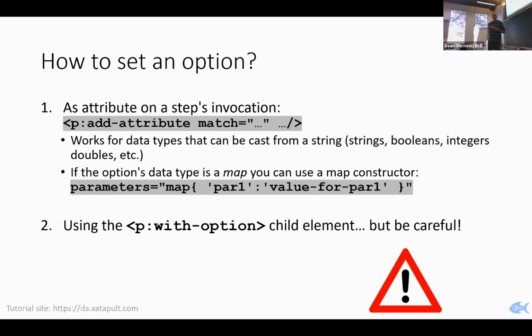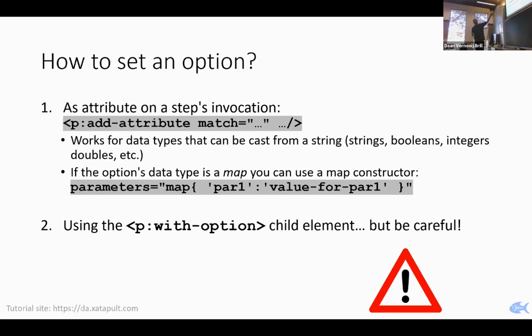A nice thing about XProc, what we build in, is that if the data type of your option is a map or an array, then you can write the map or array expression directly as the value of your option attribute, like I did there. The parameters option is, for instance, how you pass parameters to an XSLT stylesheet.